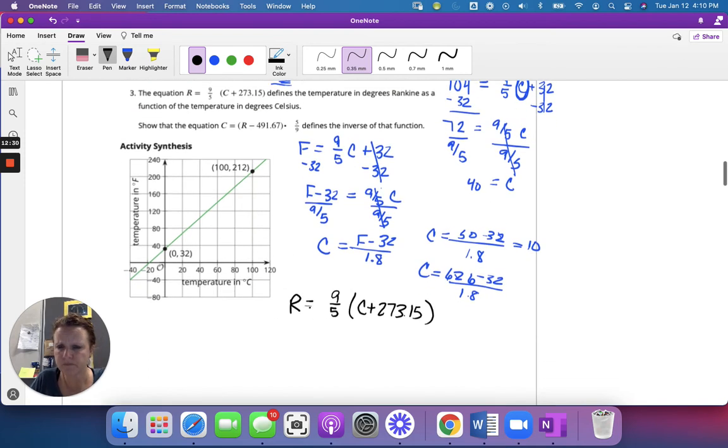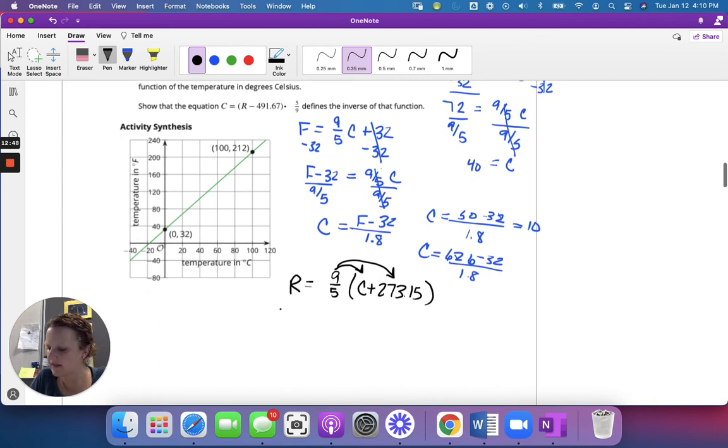So let's see. I guess I'm going to distribute this 9/5 first. So 273.15 times 9/5, which we already learned was 1.8, I get 491.67, surprise, surprise.